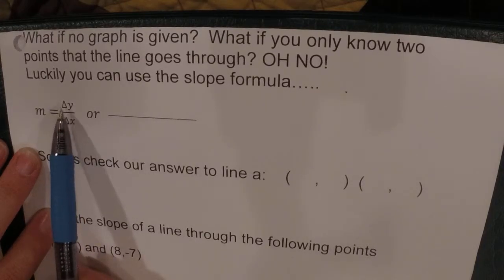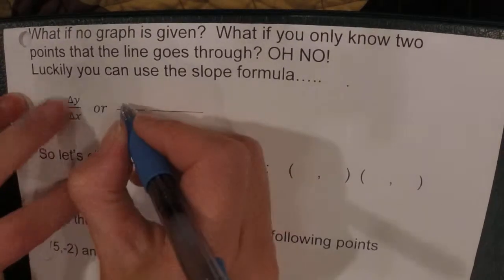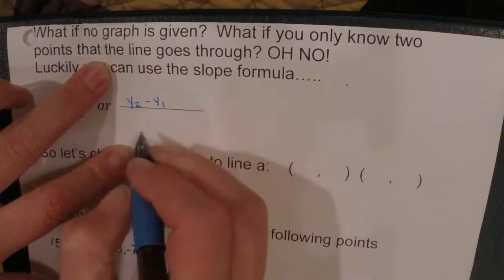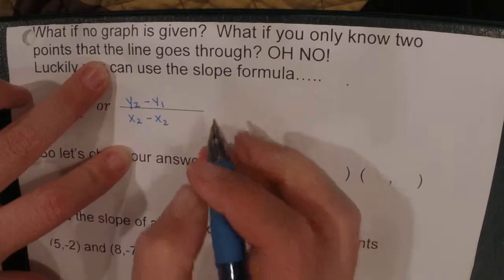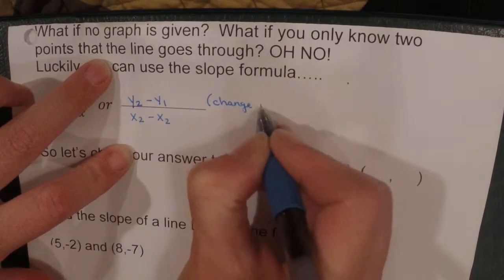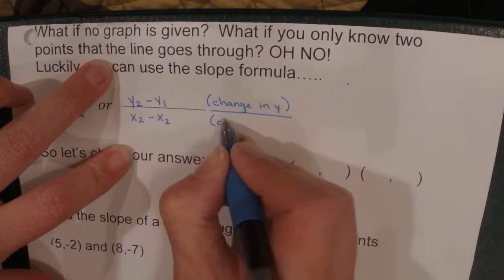That means the change in y over the change in x. So we said that this would be y2 minus y1 over x2 minus x1. And again, this is the change in y over the change in x.